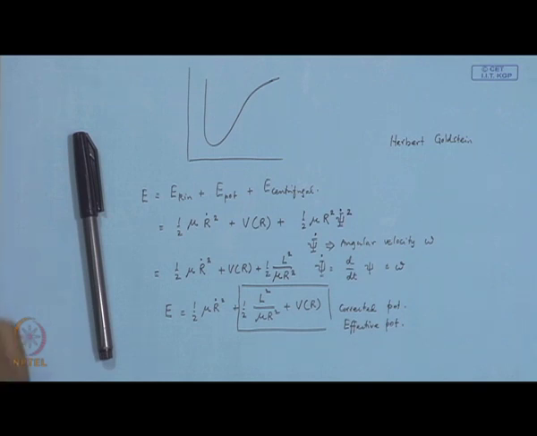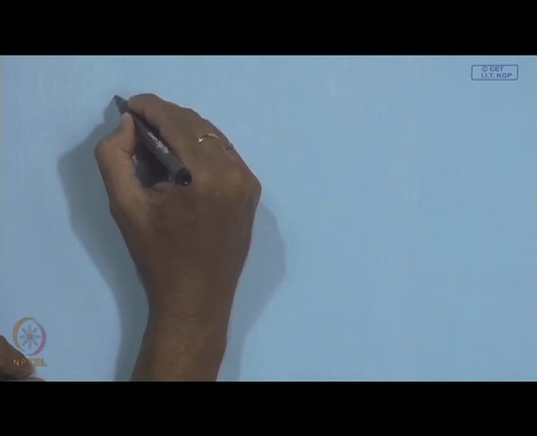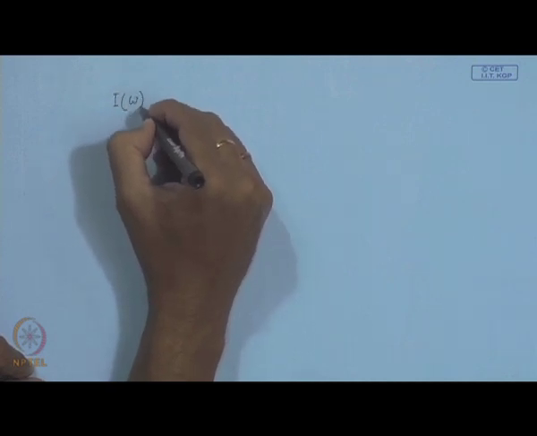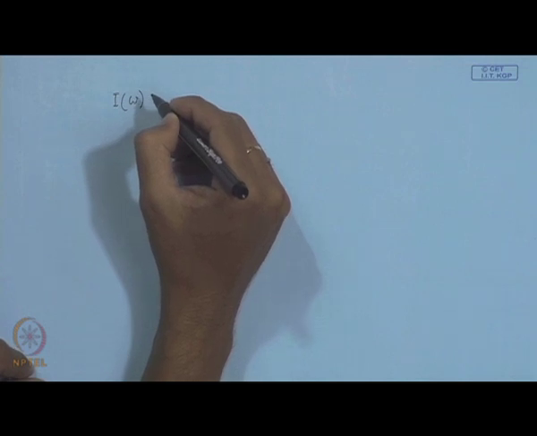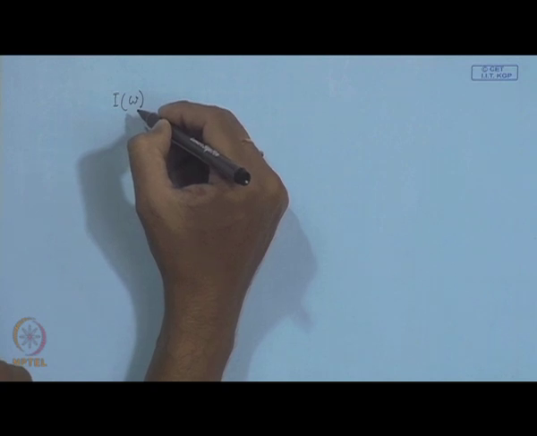Next, as I already told, like the intensity of the scattered molecules at a solid angle omega, that is, how to calculate the intensity of the scattered molecules, or the flux of molecules scattered into the solid angle omega.